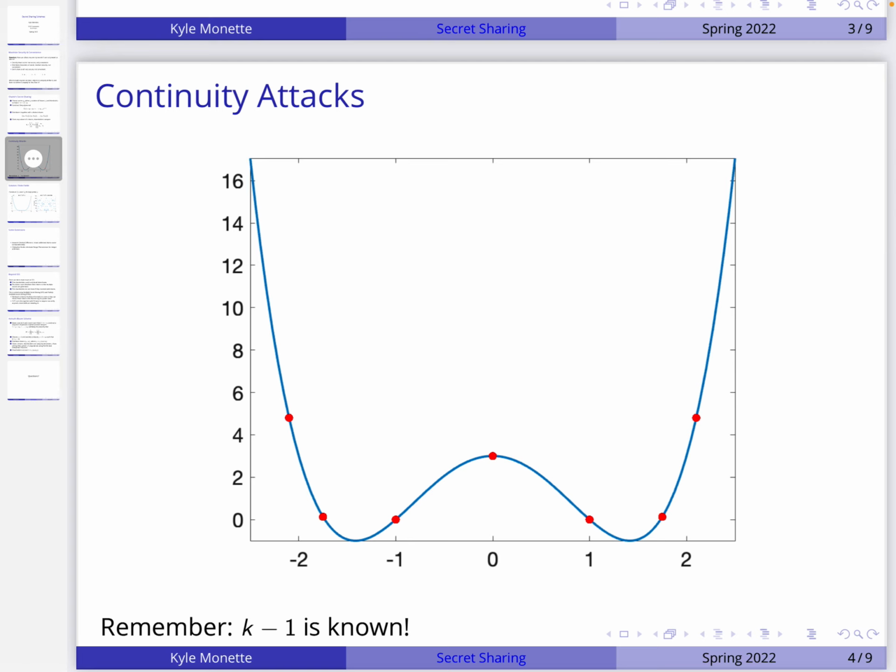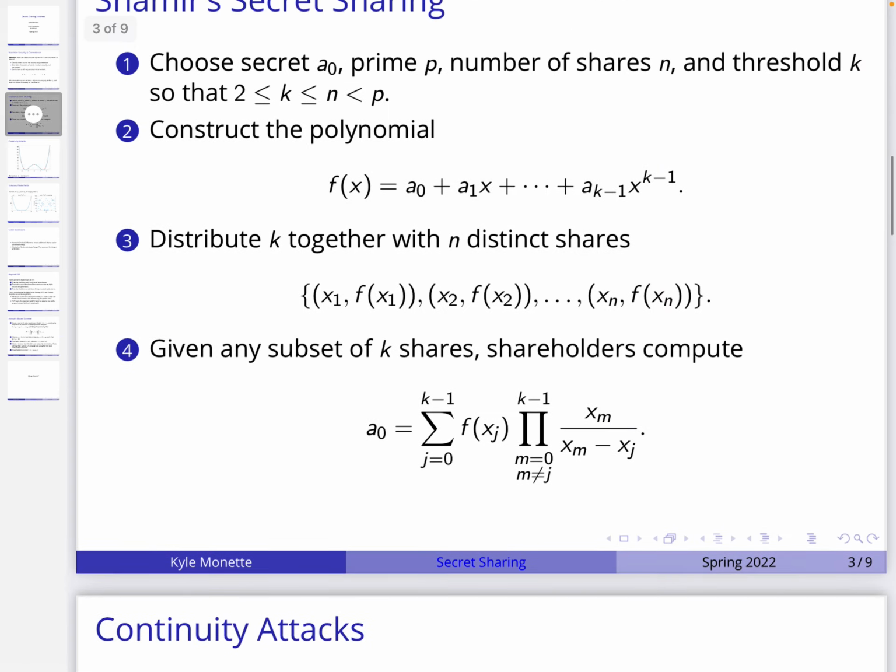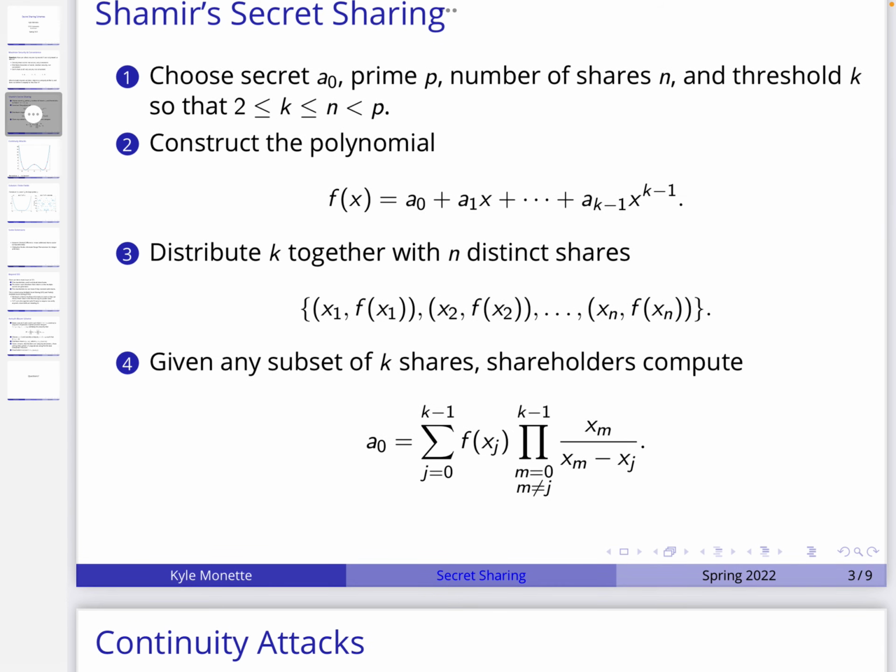In fact, if you chose your x values in the shares, so x1 to xn, if they're consecutive integers, then you can actually show that if you have 3 shares, a threshold of 3, and you have a sequence of consecutive x values, you can narrow down the choice of the last coefficient of the polynomial, which would be needed to recover the secret, to only like 86 choices out of a theoretical infinite number of coefficients.